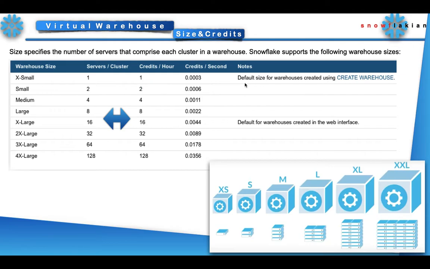While creating a virtual warehouse using the create warehouse command, if you don't give any warehouse size, you will automatically be provisioned with an extra small warehouse. Similarly, if you are creating it using the web GUI interface, you will be created with an extra large warehouse as the default.